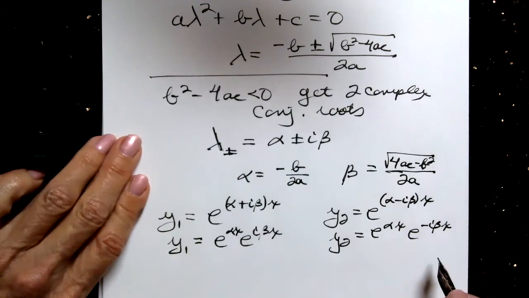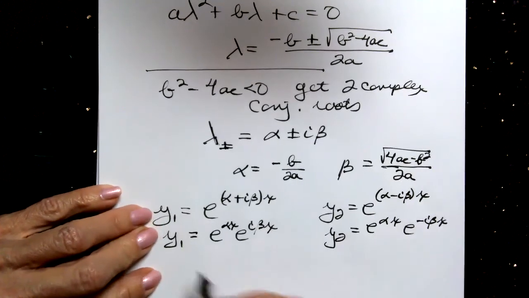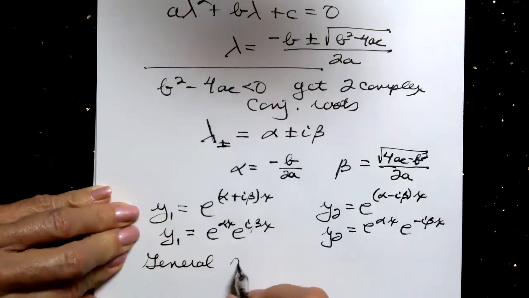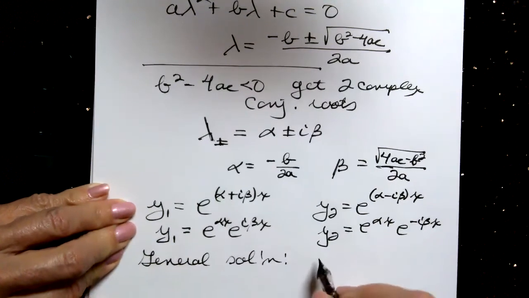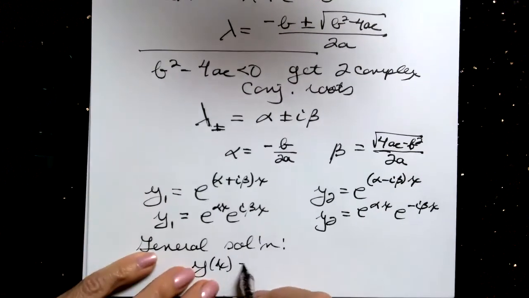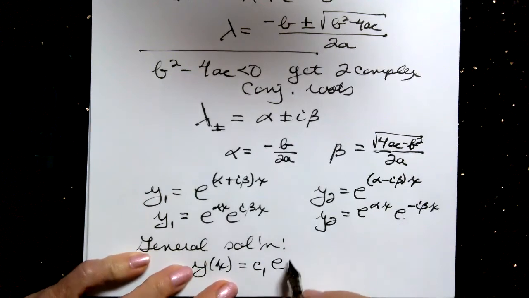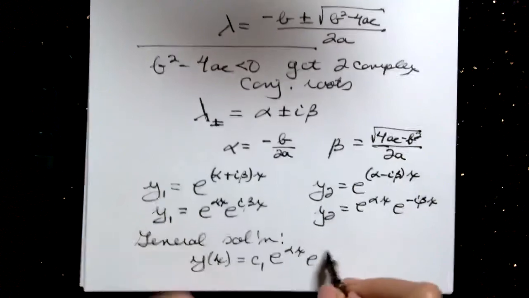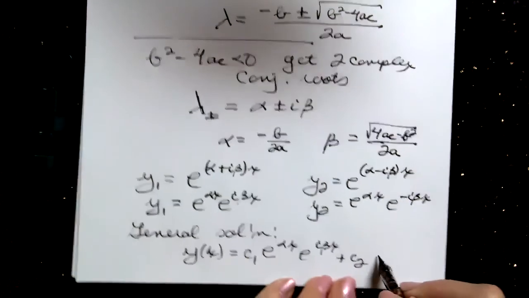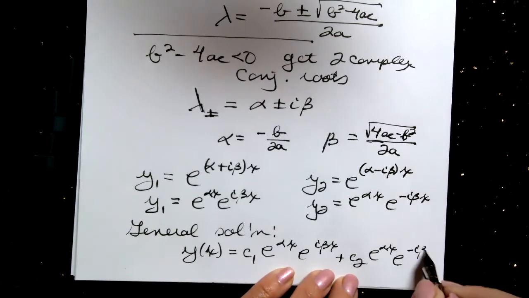One perfectly good way to write it, although many books at this level object to it, is to say the general solution in this case is y of x equals c1 e to the alpha x e to the i beta x plus c2 e to the alpha x e to the minus i beta x.